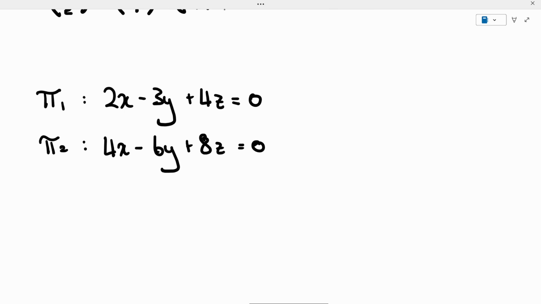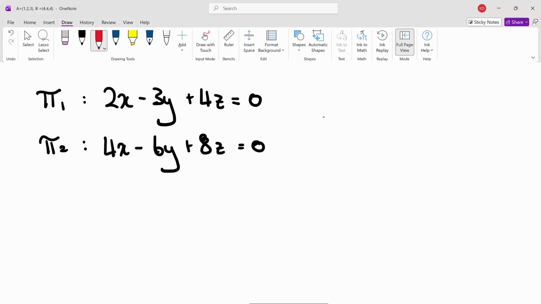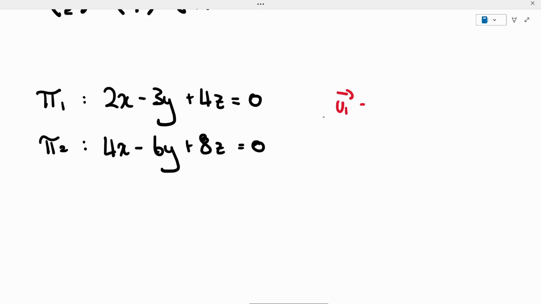Could we determine if those two planes are parallel? Remember when we did lines, we said they're parallel if the direction vectors are scalar multiples of each other, right?